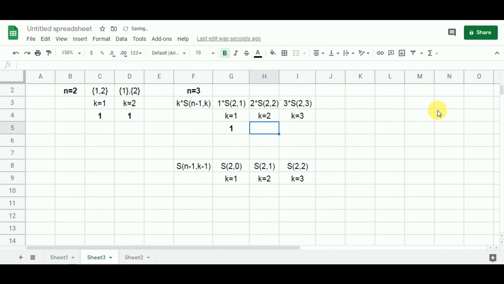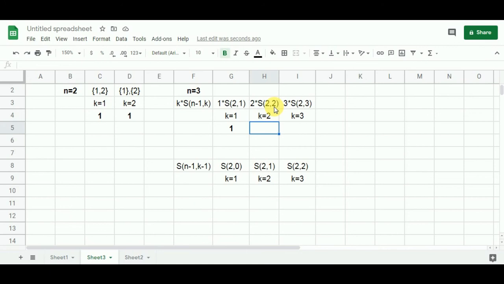All right. Now moving here, we have s2 comma 2. That means in how many ways we can partition a set of two integers into two partitions. So there is only one way. So let me give you a shortcut. Whenever n and k are equal, the value is obviously going to be 1.